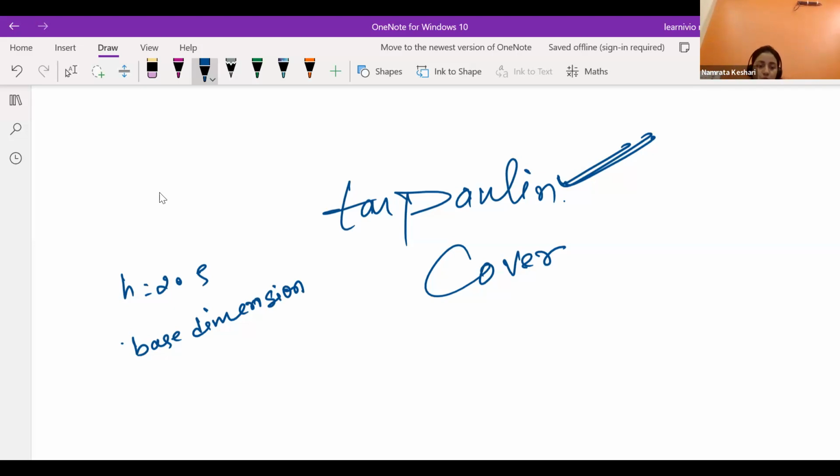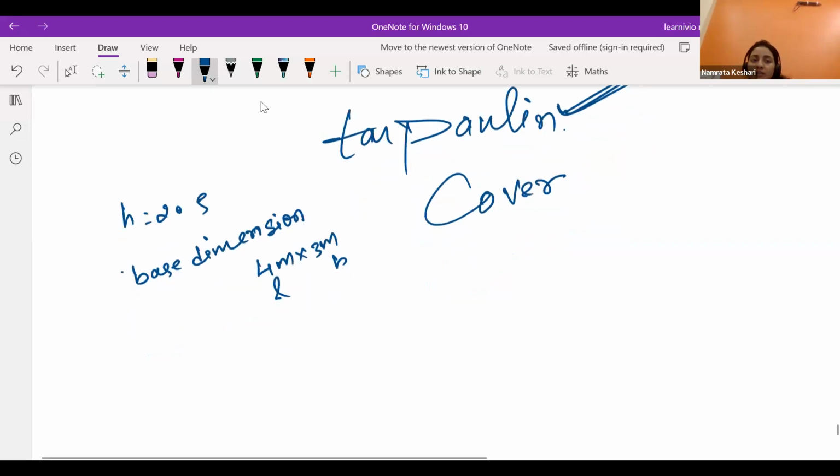Height is given as 2.5, base dimension 4 meter into 3 meter. That means one is length, another is breadth. So what we will be doing? Anyone? The total surface area minus the base surface area.